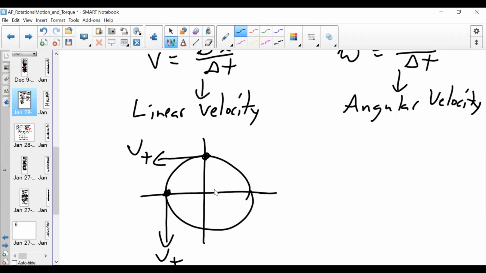And so we'll see a little bit more treatment on that in a moment. So linear velocity, tangential velocity on the outside of the circle, angular velocity is with respect to the fixed axis, omega. And we'll be making a translation between the two shortly.